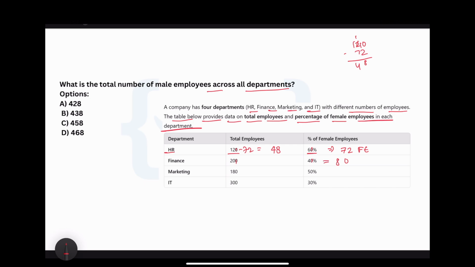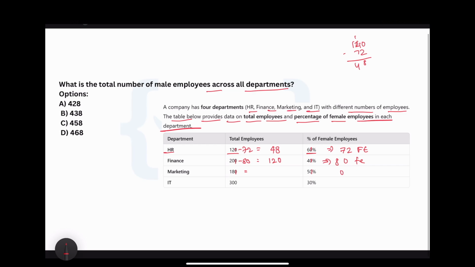So 80 females are there, and if you subtract 80 from 200, you will get 120 as the total number of males in finance. Now in marketing, 5 8s are 40, so 90 people are female in marketing. So you just need to subtract 90, so you will get 90 as male.